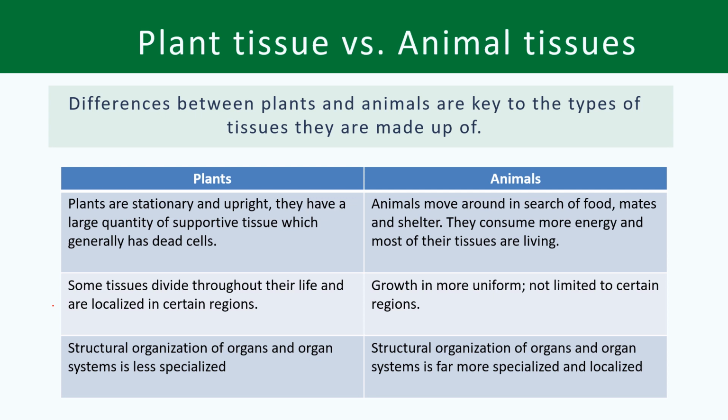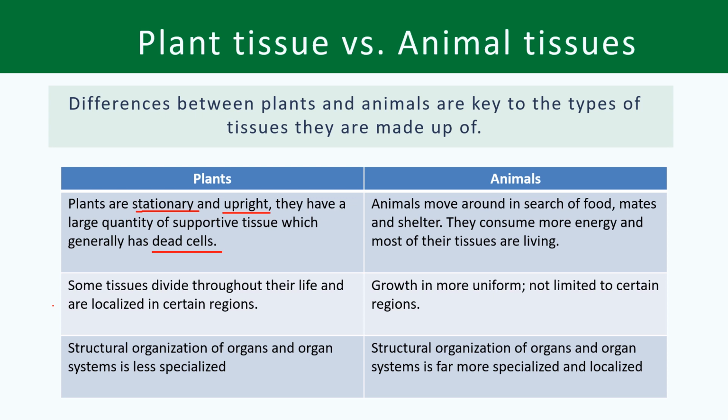The first difference among plant and animal is that plants are stationary. Plants are stationary and upright. They cannot move, they stand at one place. So this is why the supportive tissue in these plants is generally made up of dead cells.